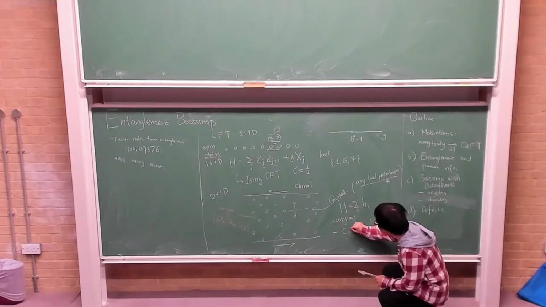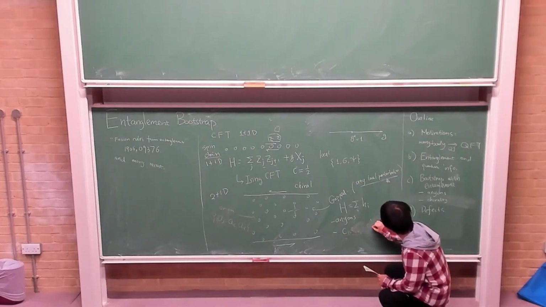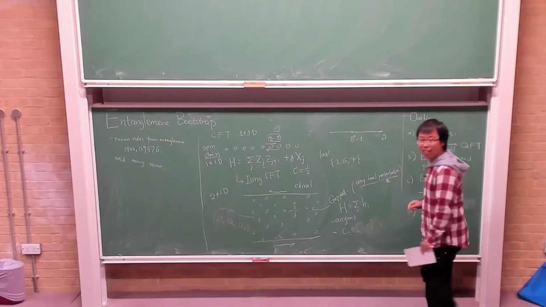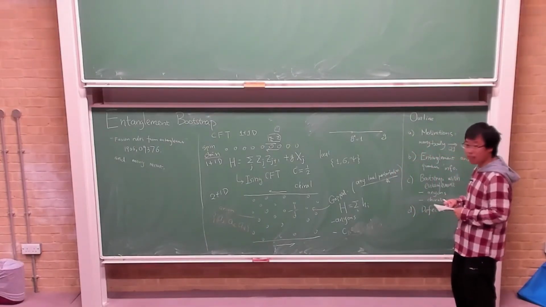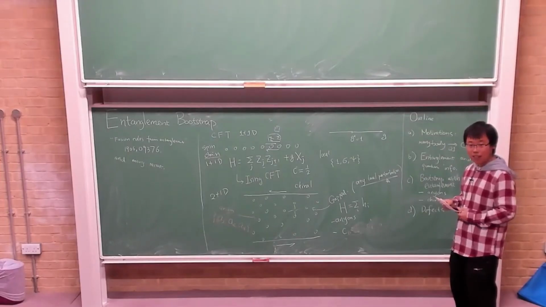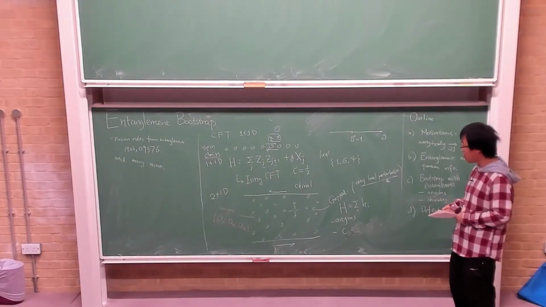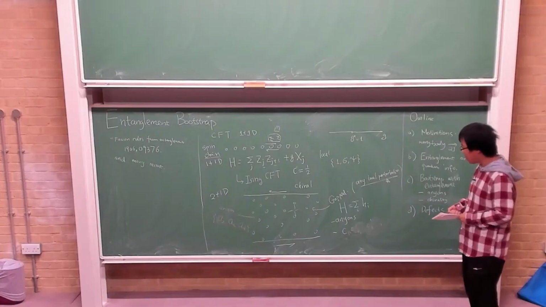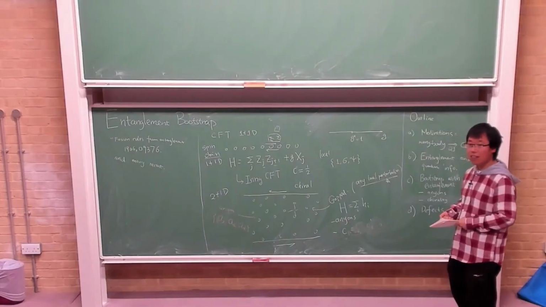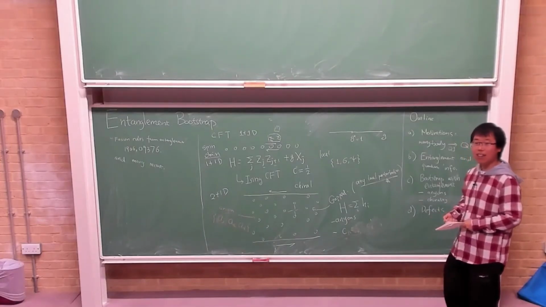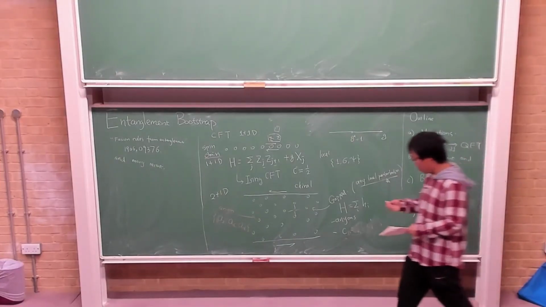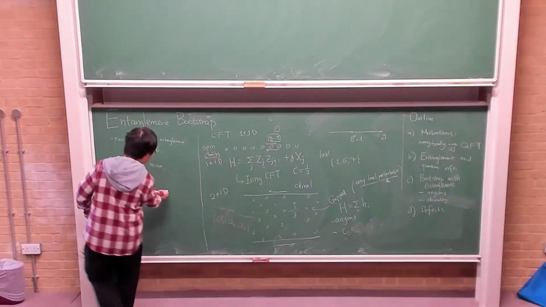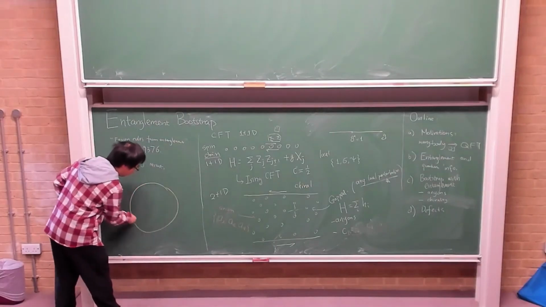So maybe let me just write c_R is a half, c_L is 0. It's just on one edge. So the length depends on what the picture looks like. If you circle around, but if you look at this, yes.